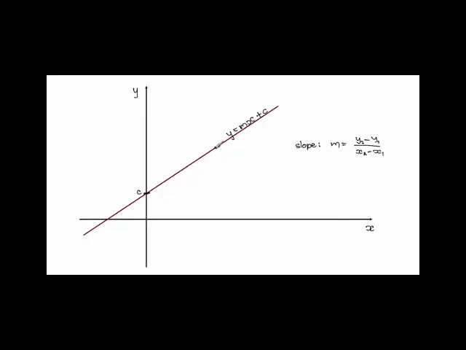Say you've got a point here and a point there, and suppose that the coordinates here are (x2, y2), and the coordinates there are (x1, y1). So using these coordinates, you can calculate this slope this way.